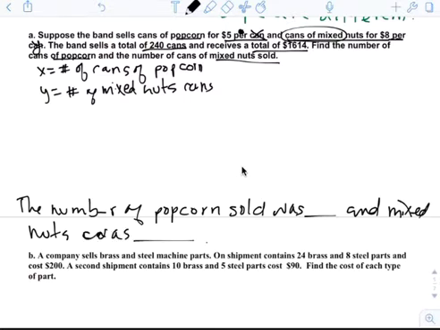Okay, so we're going to answer that question. Find a number. So we're going to use X for popcorn cans and Y for mixed nuts cans.